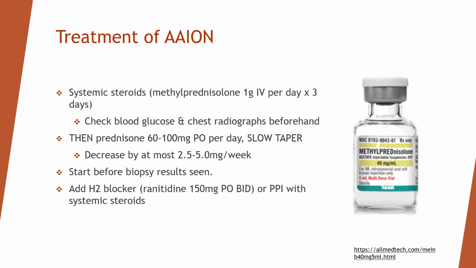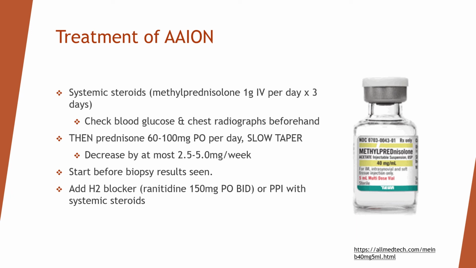So it's important to make sure that the blood glucose is well controlled and there are no pulmonary effusions or any symptoms of focal lung infections before administering steroids. If there are, and treatment is crucial at this point, we need to manage these conditions as well.